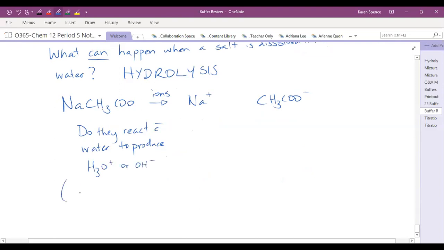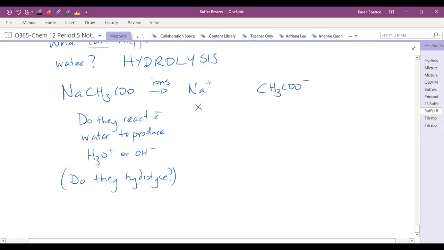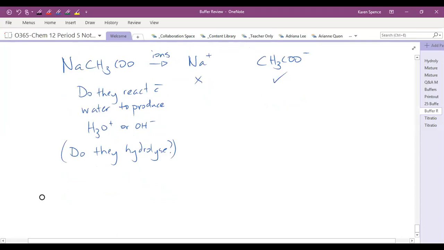In other words, do they hydrolyze? Does sodium hydrolyze? No, nor is it ammonium. Does acetate hydrolyze? Yes, almost all of our anions hydrolyze except those that are conjugates of strong acids.